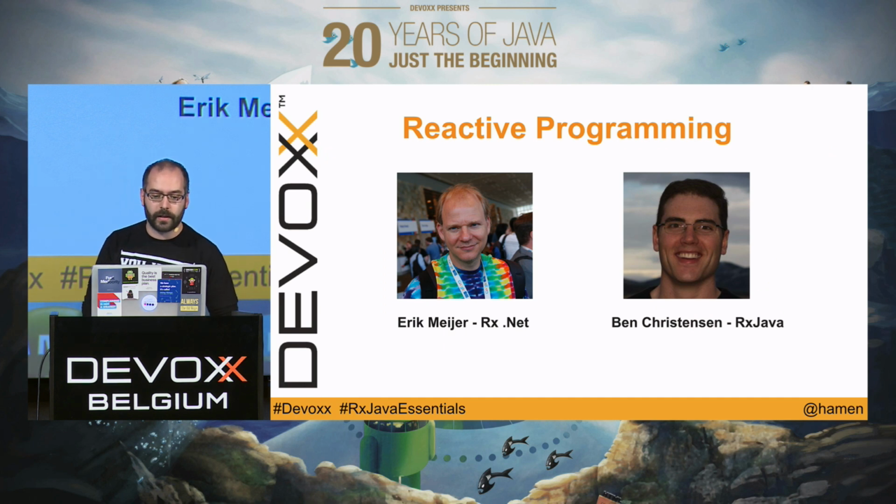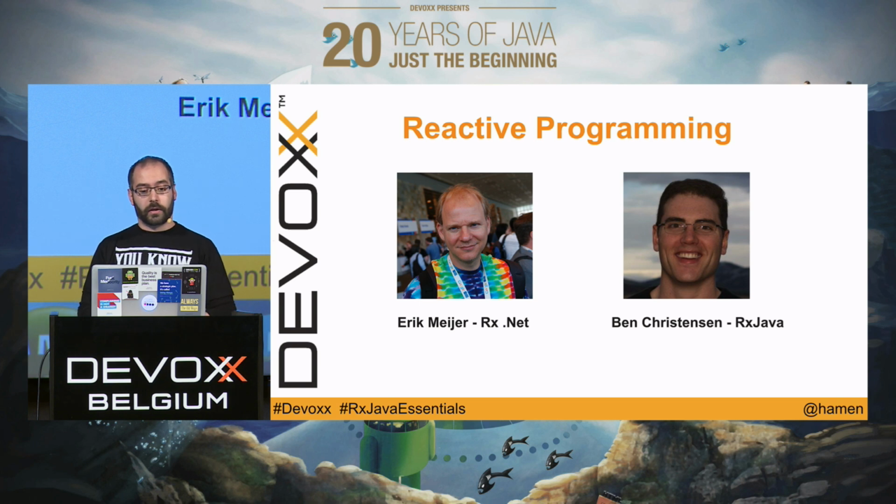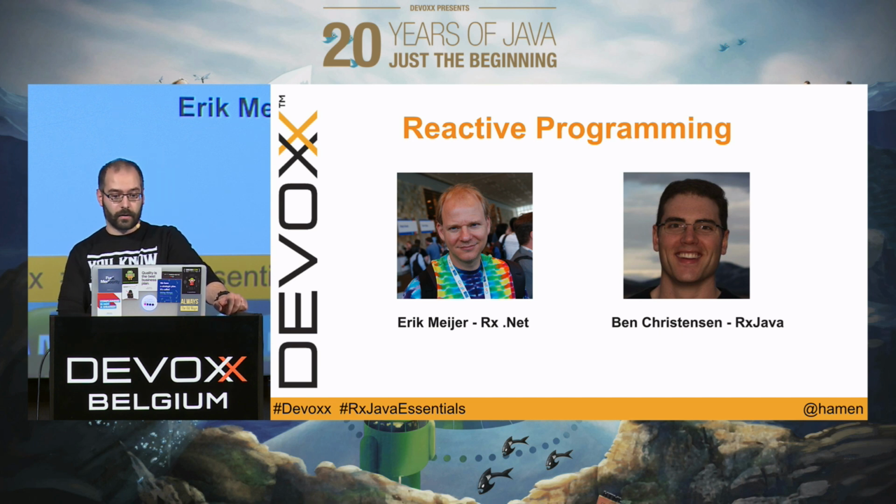Reactive programming was an idea by Erik Meijer. He created Rx.NET when he was at Microsoft. And a couple of years later, Ben Christensen, formerly at Netflix, released RxJava, and he saved us all.